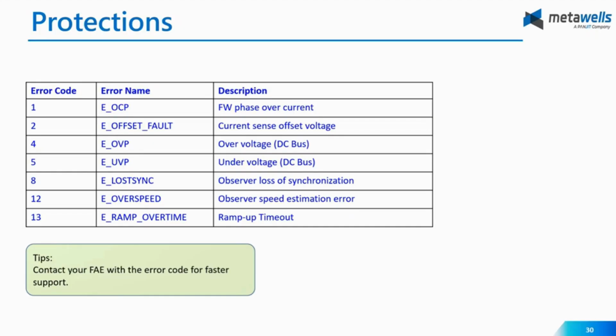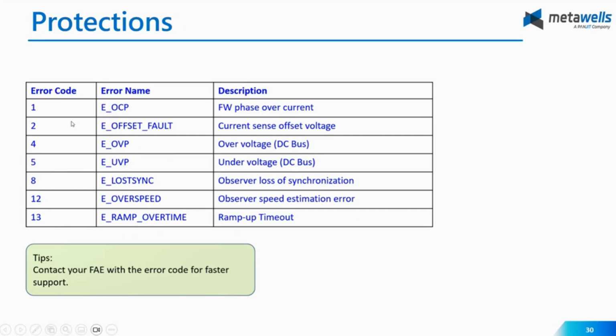In addition, protection features assist designers during debugging by quickly pointing out potential issues. There is a tip. If you run into any problems while using this system, feel free to reach out to your FAE or AE engineer. And don't forget to include the error code to help speed up the diagnosis.